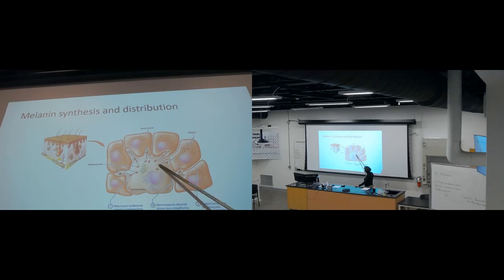These melanosomes will migrate into extensions of the plasma membrane of the melanocyte that go in between these keratinocytes. Then through exocytosis, these melanosomes will go into the keratinocytes, and then you unpack the melanin, and depending on how much pigment these cells receive, they will become darker. So that's the process: shedding melanin through exocytosis.